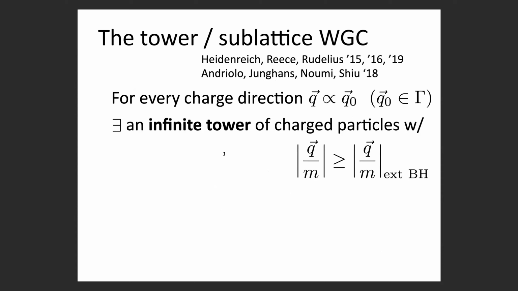And the statement of this, without being too particular about the difference between these two conjectures, is that for every charge direction, at least every rational direction, so that a direction of charge that points to a lattice site, there should be an infinite tower of charged particles which satisfy Q over M bigger than Q over M in an extremal black hole with a parallel charge vector, right? So that's what we're supposed to compare with: a black hole with a charge vector in the same direction.